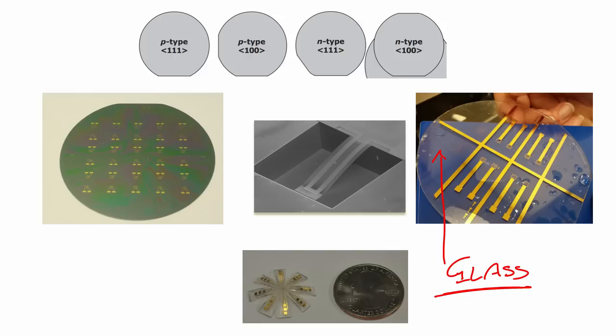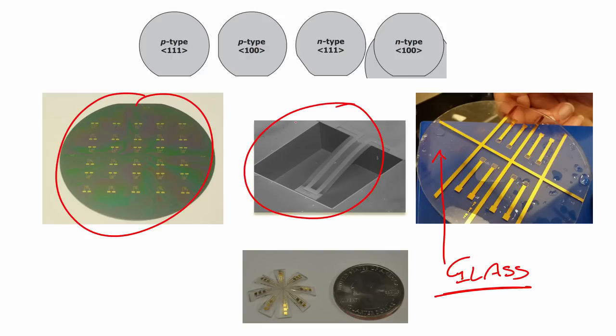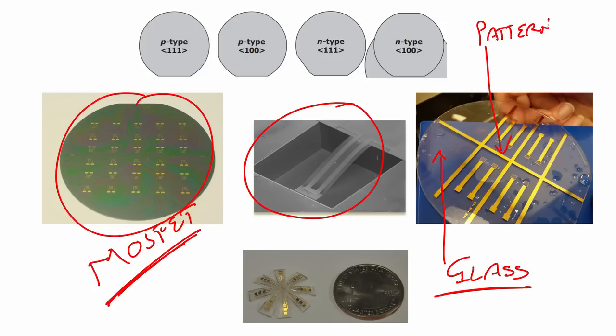In this particular course, I will explain the piezoresistive cantilever, and then I will explain MOSFET fabrication. So do not worry, the point is this is glass and these are some patterns on the glass. This is a glass wafer.